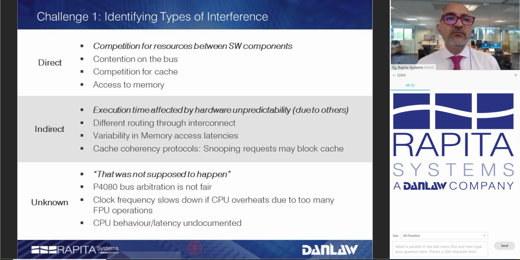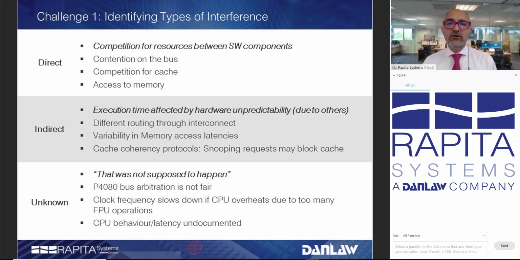The third one is what I call the unknown ones, where assumptions which are fundamental for your safety argument are not true because of defects, lack of documentation, or designs which were not what was expected. So we did an analysis on the P4080, and we had a very bizarre situation where if you ran the same application in core 0 and then the same application in core 1, core 0 was always much faster than core 1.